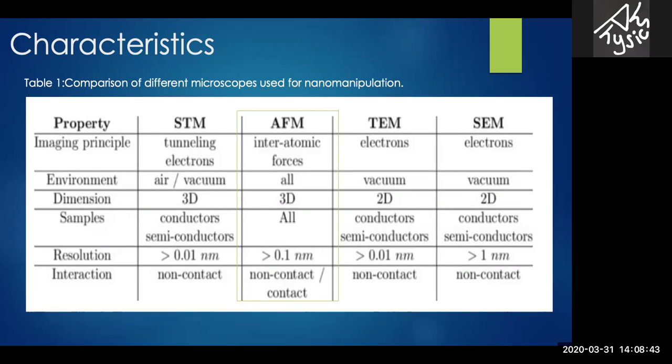And also it provides 3D, three-dimensional imaging when compared to TEM and SEM. And samples can be anything, but in the case of the other ones, they should be conductors or semiconductors, and so on.